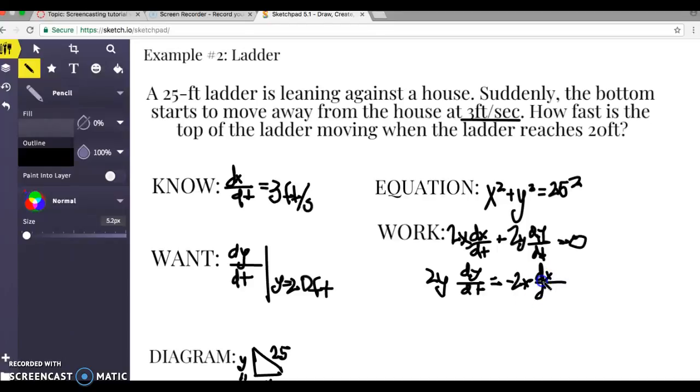And then you divide by 2y to get dy dt alone, because that's what we want to find. And you can cancel out the 2's, that's gone. And you get dy over dt equals negative x over y times dx dt.